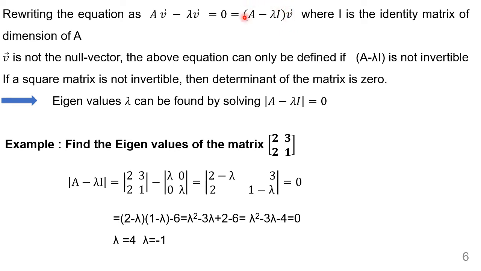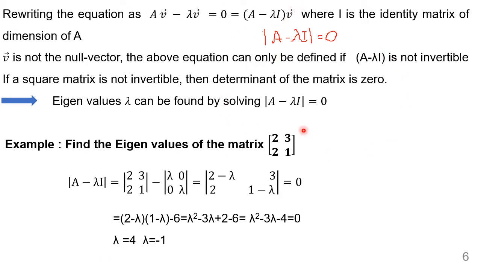Therefore, the determinant of A minus lambda I should become 0 in order to satisfy this condition.